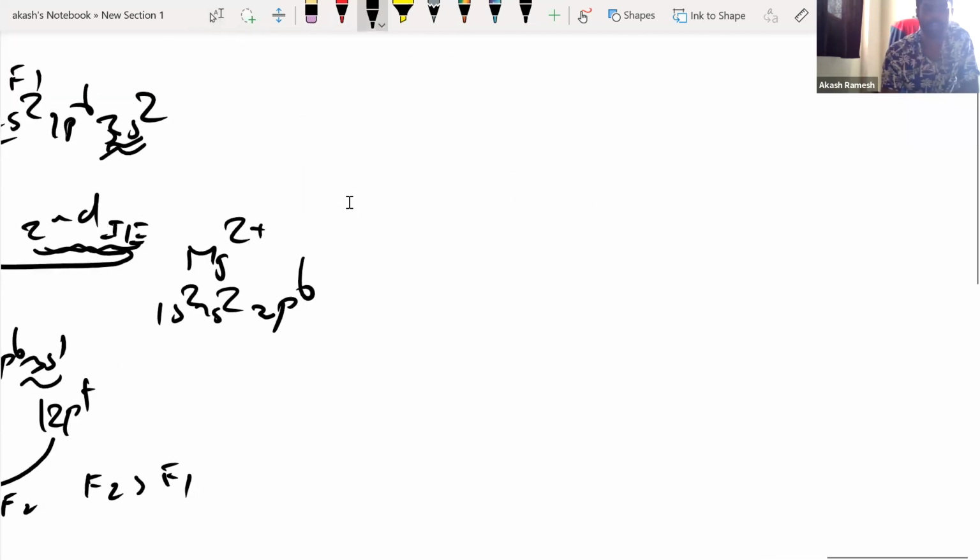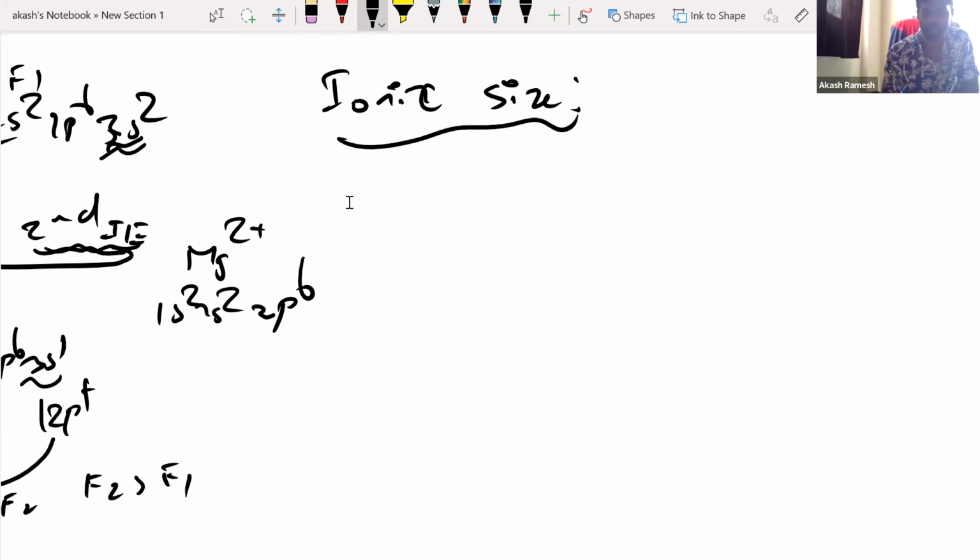Before that, we will try to understand how ionic size will be. What I'm trying to ask is, if I have Na and Na plus, which will have a higher size and which will have a lower size? Whichever has the lower size, removing an electron from it is very difficult.